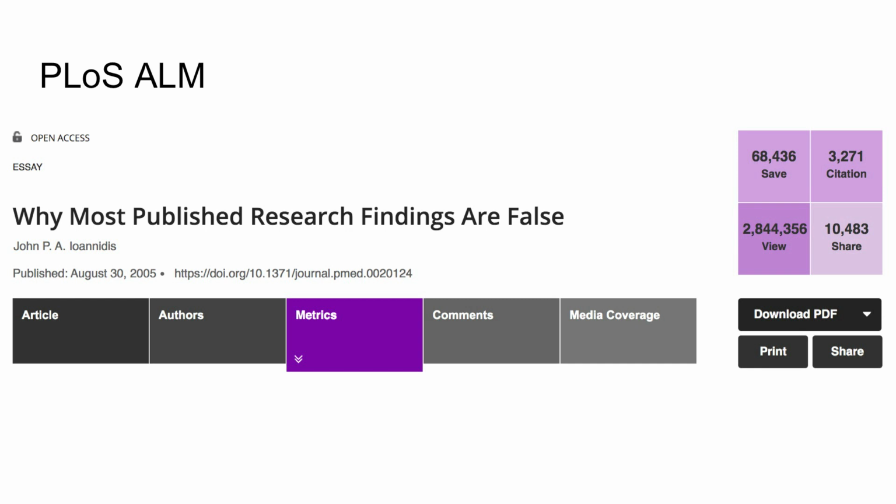This particular article has been saved about 68,000 times. It has received more than 3,000 citations, been viewed 28 lakh times, and been shared more than 10,000 times. So this clearly shows the impact this particular paper has made.